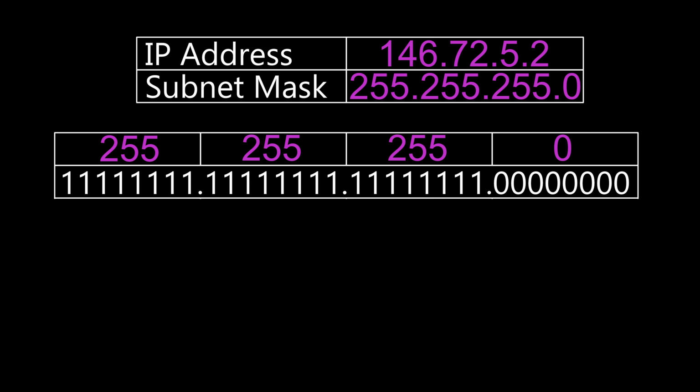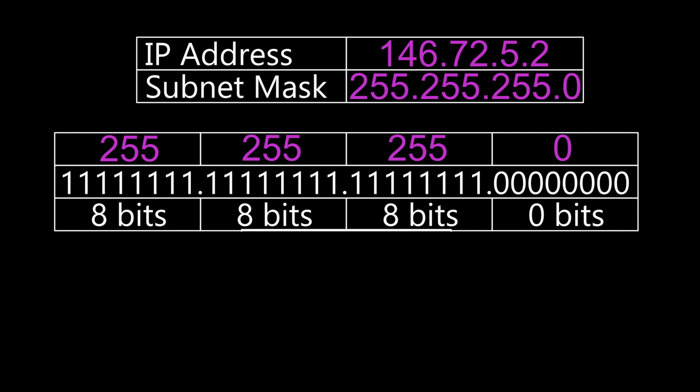So we then pull those down and say, okay, this is the mask. When we look at this, we can see that the first 3 sets of 8 bits are set to 1. We write that out, and then we take the number of significant bits from each octet, add it together, and we get 24.